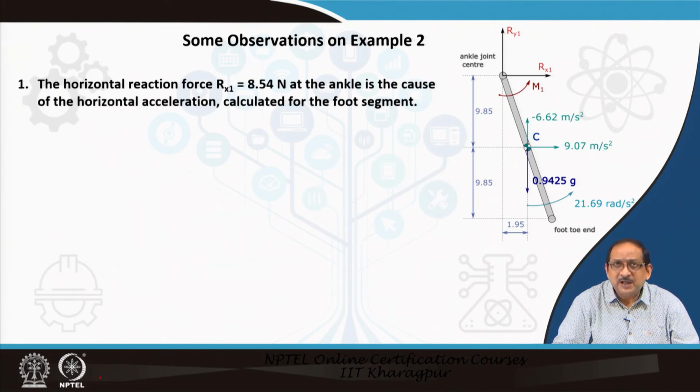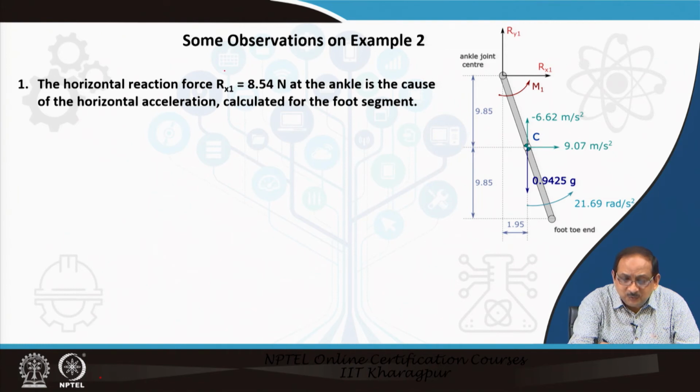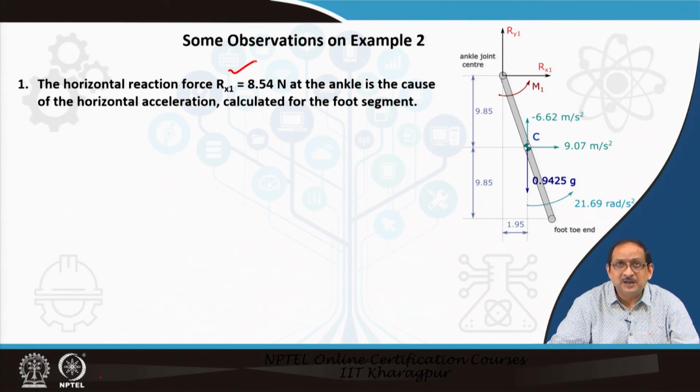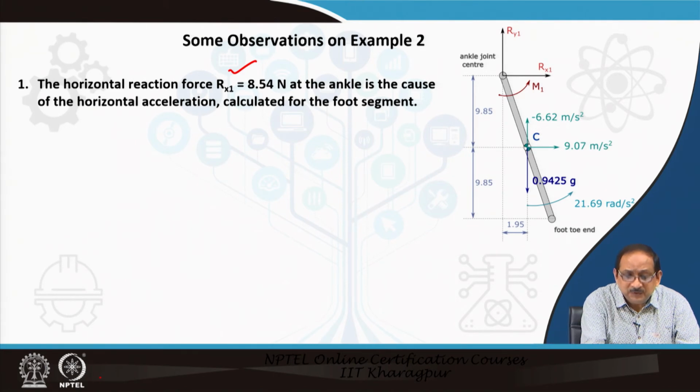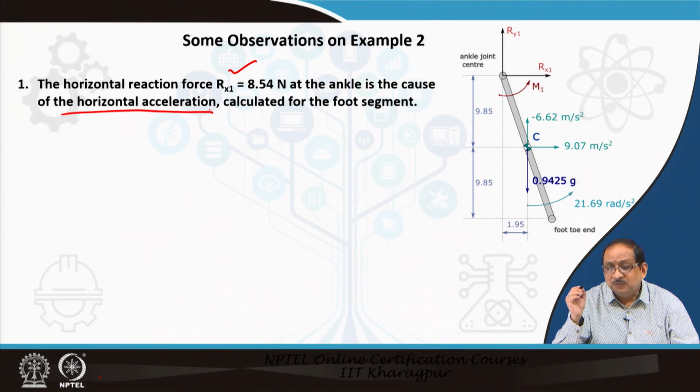Let us discuss some observations on the results obtained from example 2. The horizontal reaction force Rx1 calculated as 8.54 Newton at the ankle joint is the cause of the horizontal acceleration calculated for the foot segment.